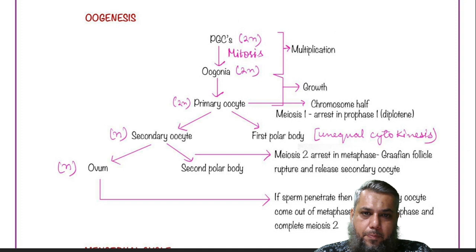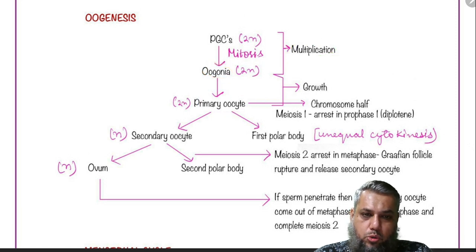So, initially, there are cells which have migrated from the primary yolk sac, and they will result in the formation of oogonia. These primary gonadal cells, they will undergo mitosis to form the oogonia, that is the multiplication. The oogonia will grow to form the primary oocyte.